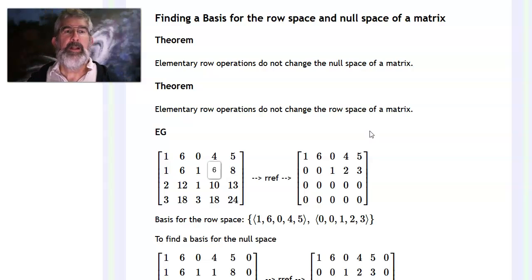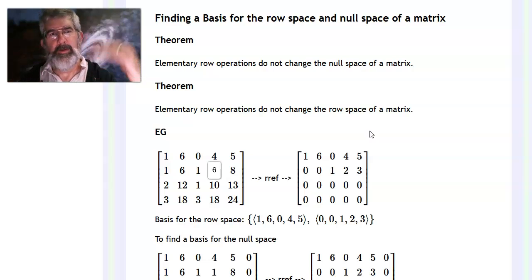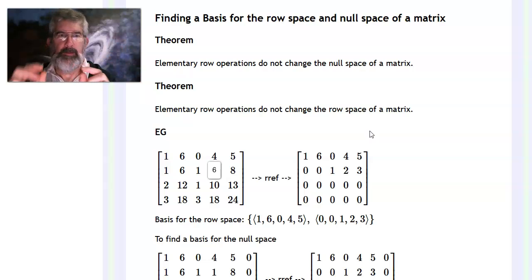And the last row operation is the least obvious as to why it doesn't change the span. But if you add a multiple of one row to another row, then that doesn't change the span. And the way I see that is that if you've got this new row that's the old row plus some multiple of another row, and you take a linear combination using that, so you're going to have a constant times the old row vector plus a constant times a new row vector, and then you distribute in, then you're still getting a combination of the old row vector and the other row vector that you added onto it.